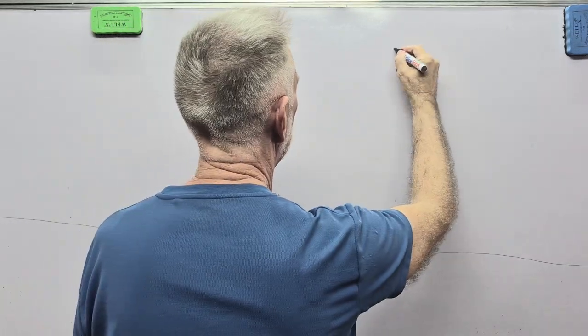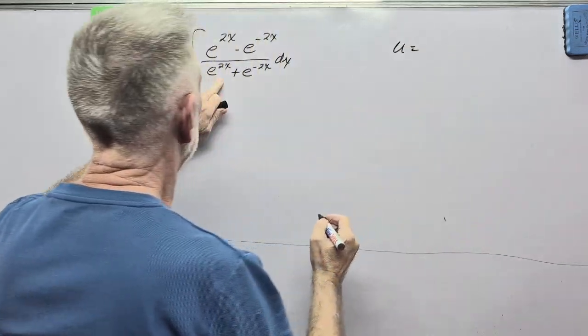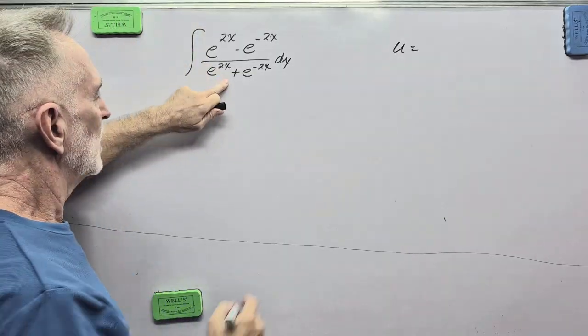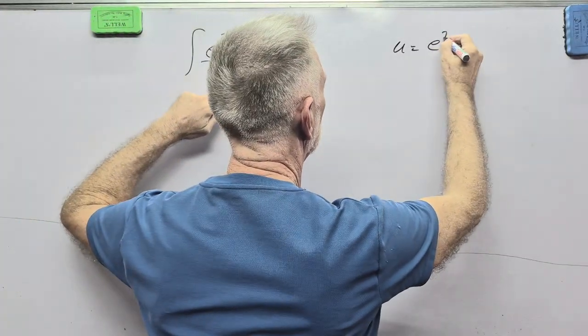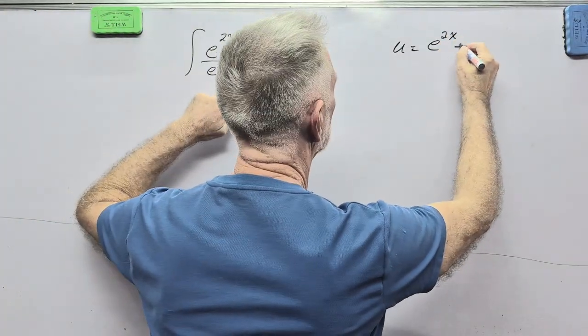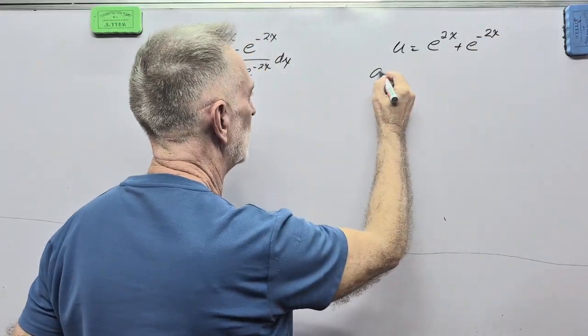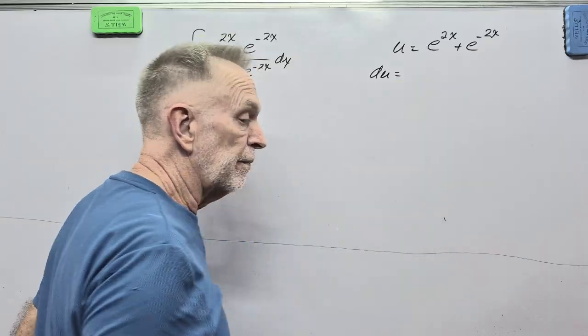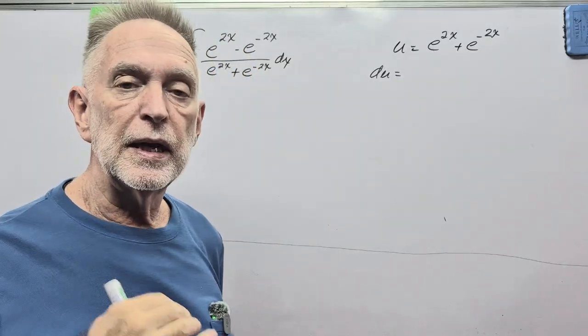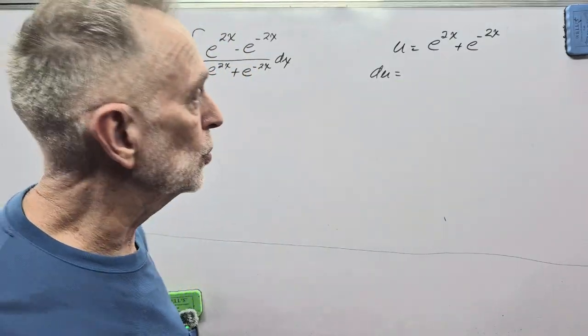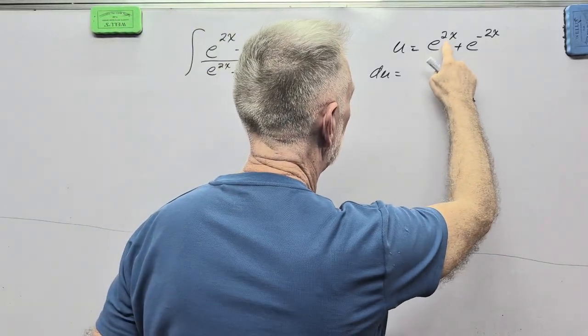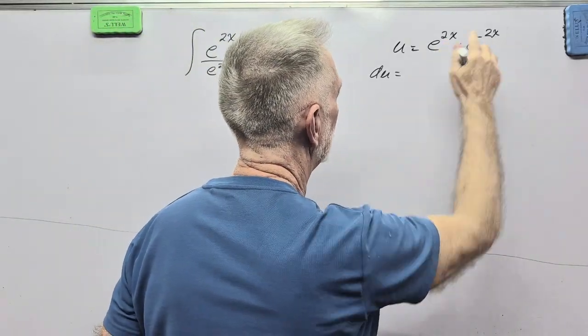All right, so let's say u equals this denominator, e to the 2x plus e to the minus 2x. Now let's take the derivative of that. You know the derivative of e to the u is e to the u du. So in this case, our u is 2x, and this one is minus 2x.